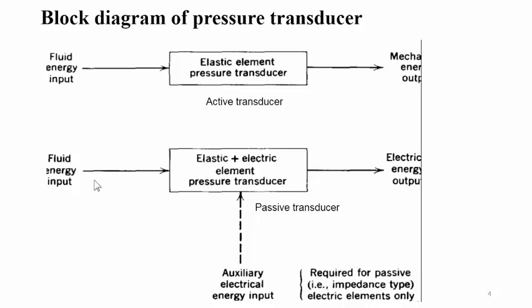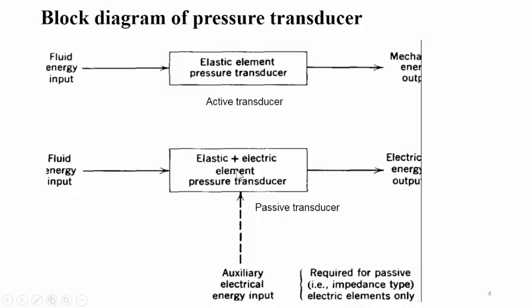Again you find the input, that is fluid energy, to the passive transducer, and the output, other mechanical or electrical energy, which is connected to the next stage of the machine or circuit. But in the passive transducer, you will find an external electrical supply or auxiliary electrical input energy for the excitation of the electric part or circuitry available in the pressure transducer.